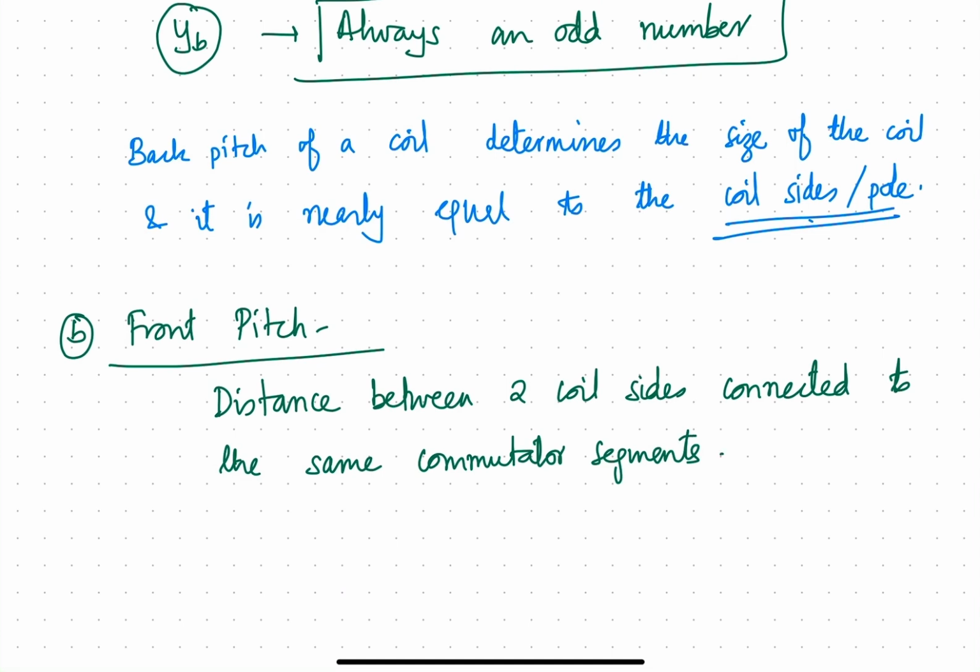The distance between the two coil sides connected to the same commutator segments is known as the front pitch, and it is denoted by YF, the front pitch.